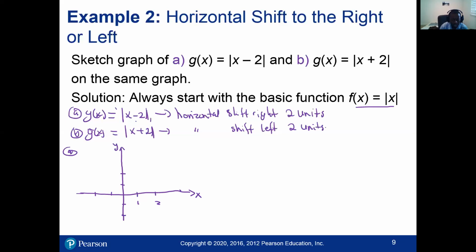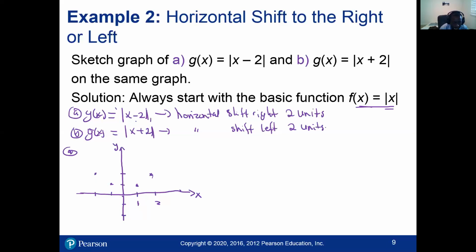First, let's draw the graph of f of x is equal to absolute value of x. Now x is 1, absolute value of 1 is also 1. 2, absolute value of 2 is also 2. If it's -1, absolute value of -1 is +1. And then we have -2, absolute value of -2 is +2. And if x is 0, it is also 0.